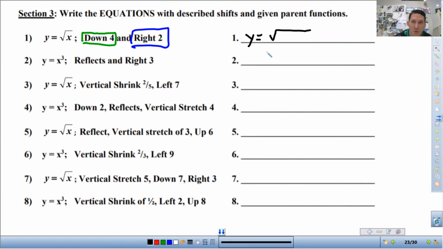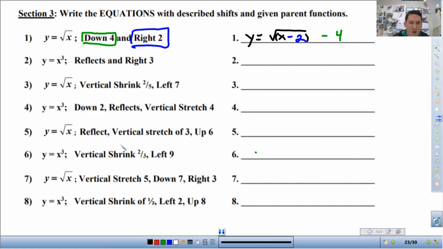The right 2 is going to be -2 underneath the square root with it. The down 4 is going to be -4 outside of the square root. All right. If it helps, put parentheses around this just to show that that whole thing's getting square rooted and this 4 is not.